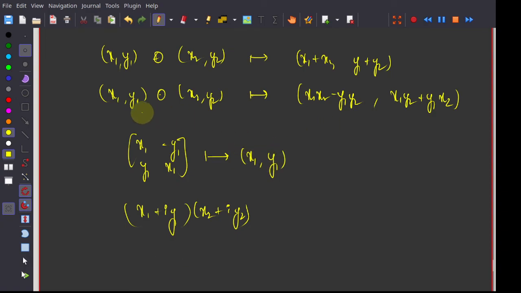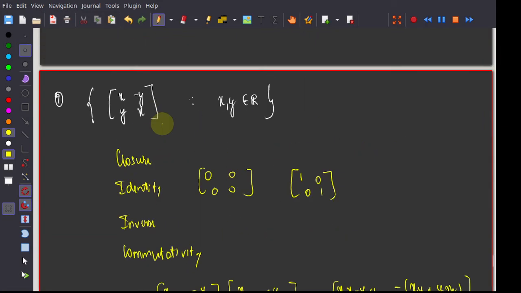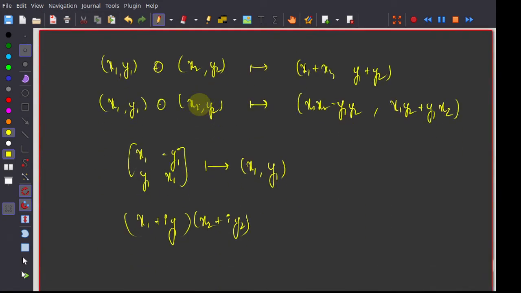So whether you represent it using this, or you represent it in this particular fashion, or you represent it as x plus iy, they're basically all the same. So algebraically, they all represent the same set of operations.